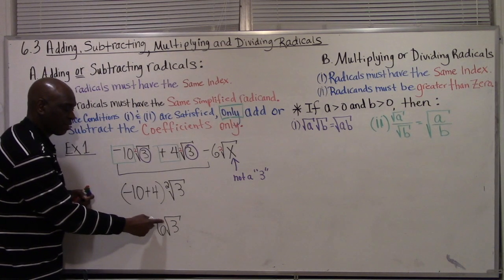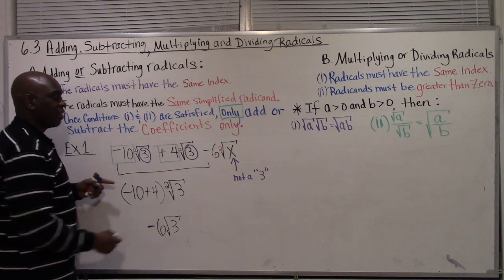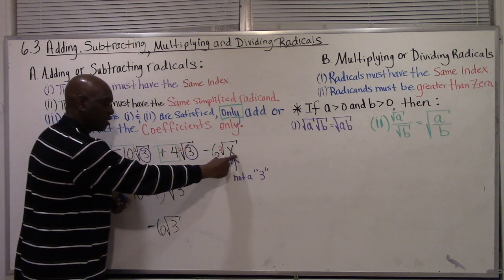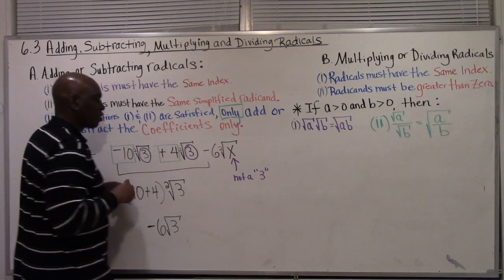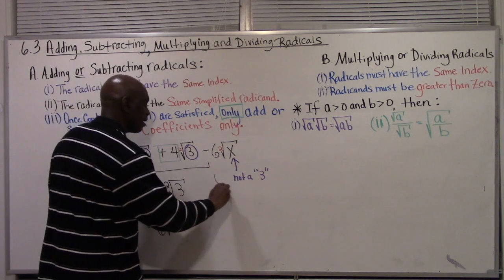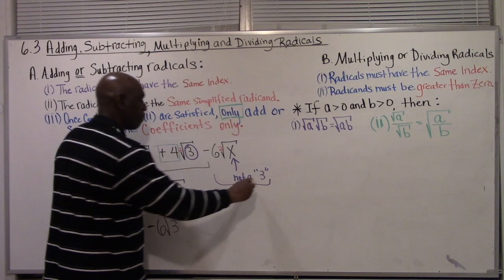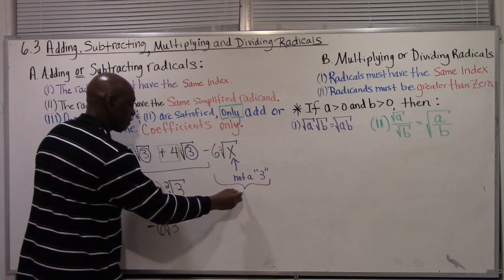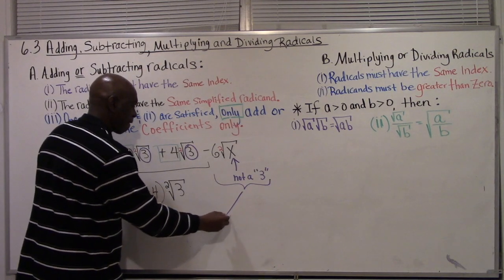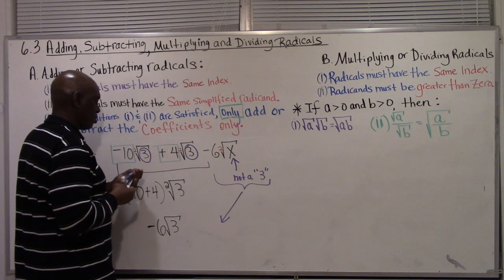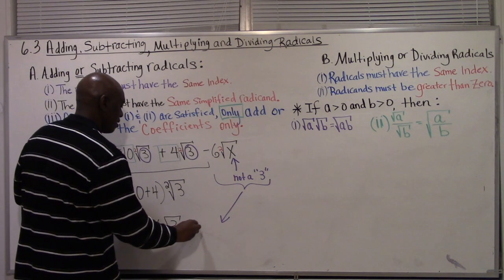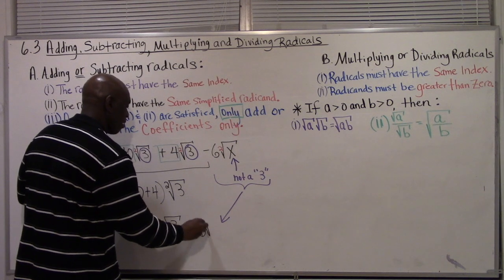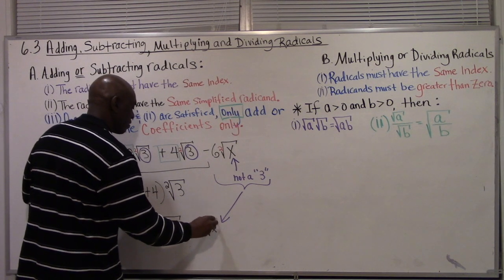And since this one was different, you take that fella, you take this whole thing and bring it straight down, which is going to be minus 6 square root of x.